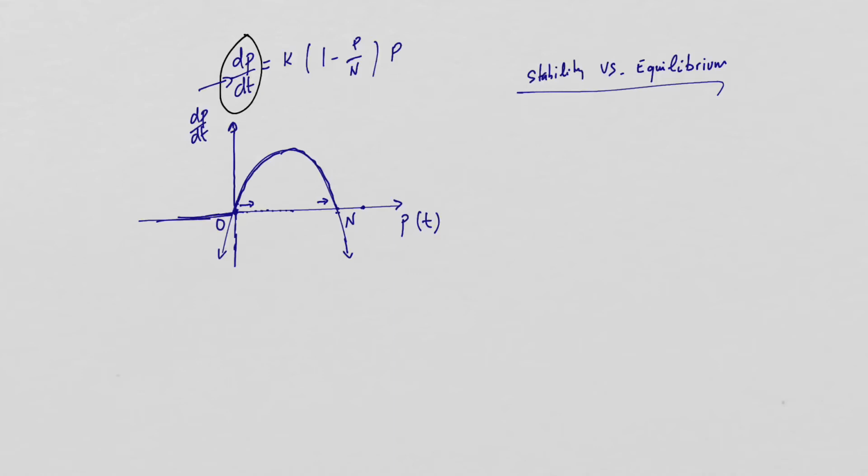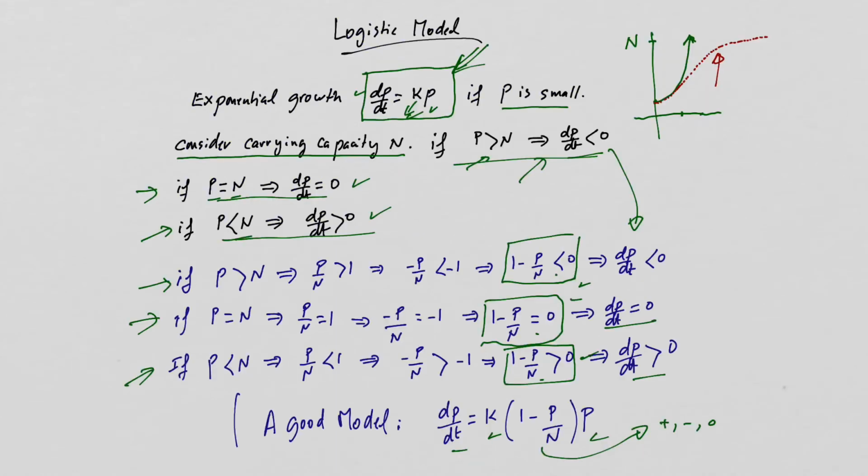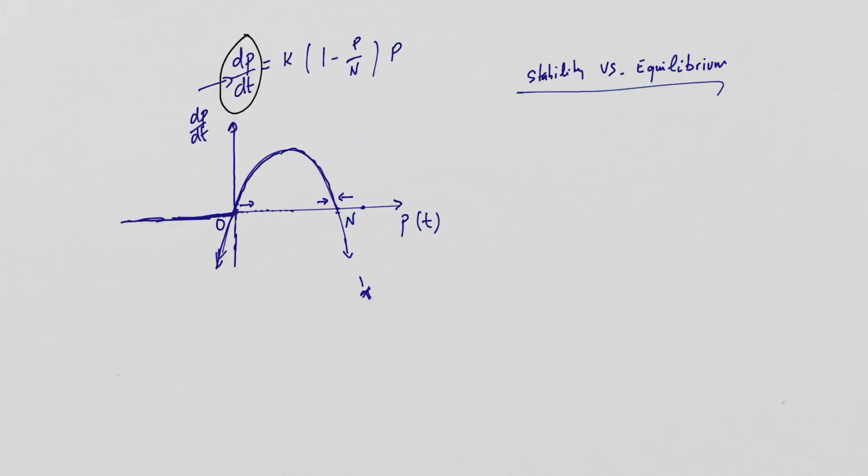It's here. And therefore, the population has to decrease. Similarly, if the population is less than 0, if the population is here, dp/dt is negative, and therefore the population has to decrease.